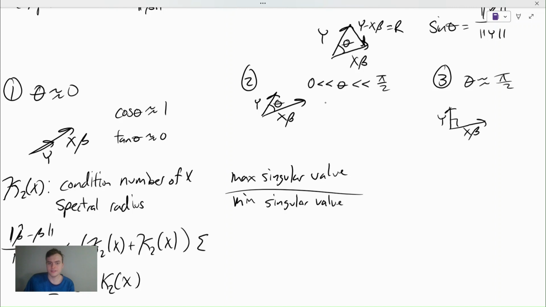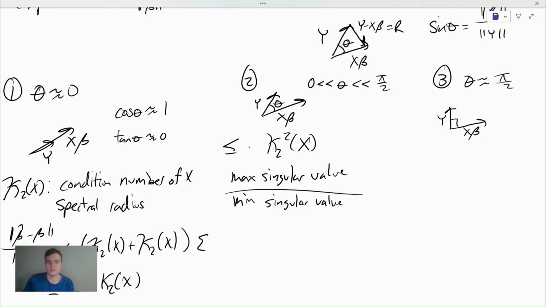And so in this second case, what is our bound? Well, our cosine is between 0 and 1, tangent is between 0 and infinity, and we're going to have two different directions. So instead of k2 plus k2, the condition numbers added together, our upper bound is going to be the condition number squared, k2 times k2, right?